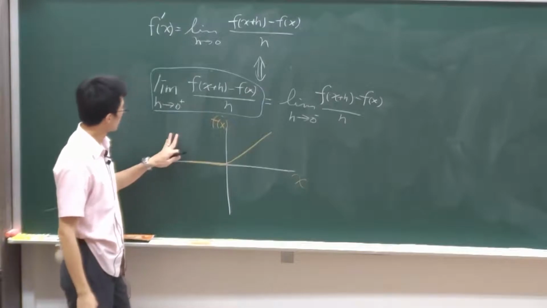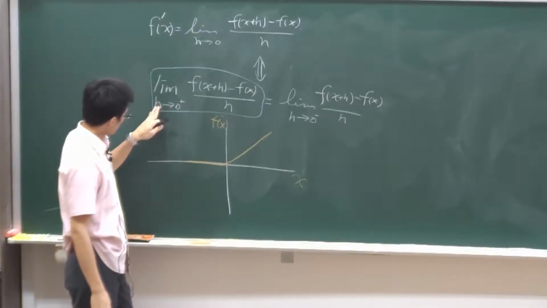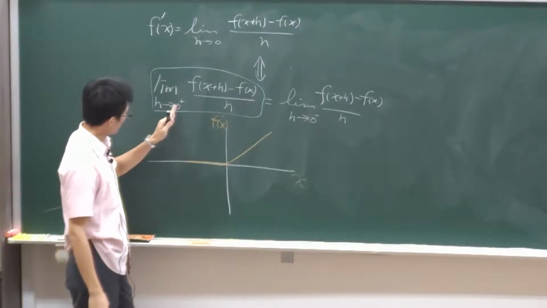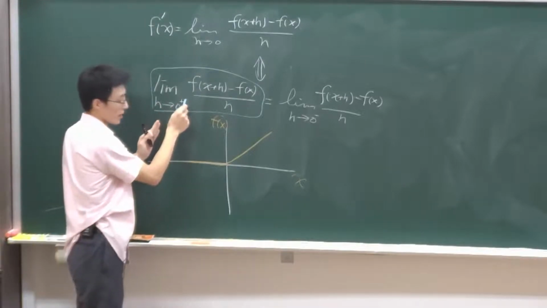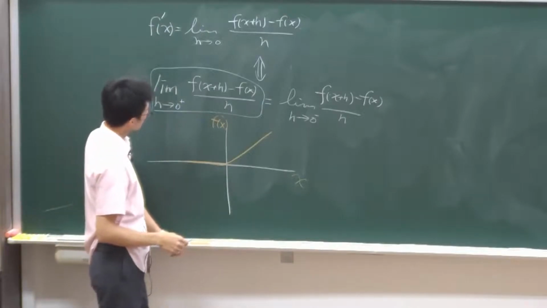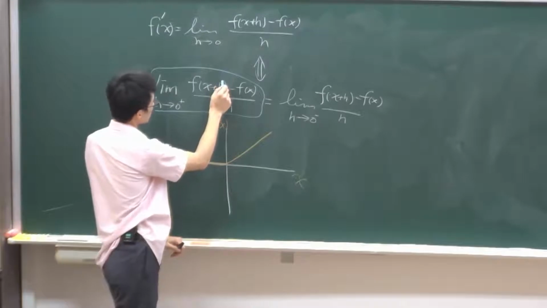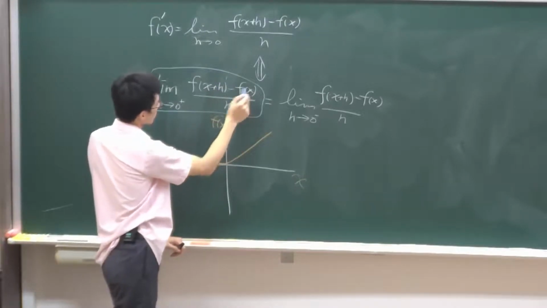It means we evaluate as h approaches the right-hand side of 0. Where is the right-hand side of 0? So h is on the right-hand side of 0.